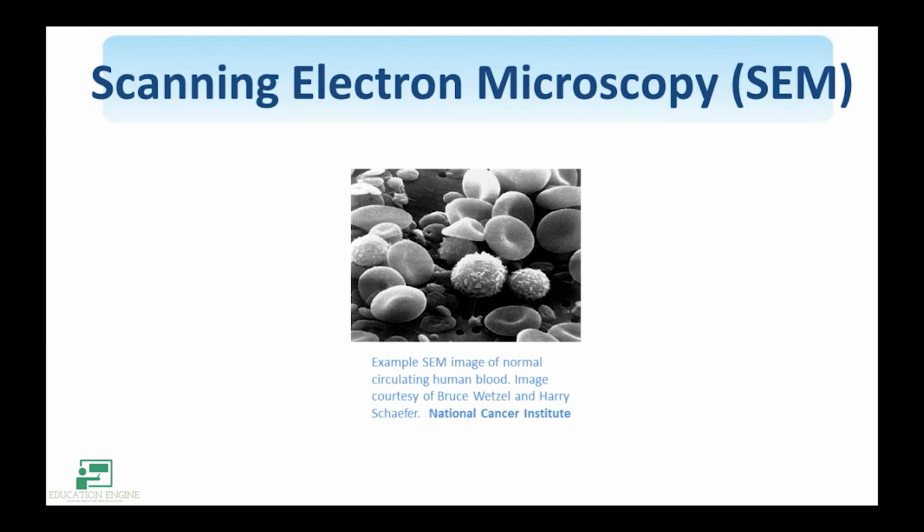What we see here is an SEM image of normal circulating human blood, and we can see in this image red blood cells, this for example, as well as white blood cells. While light microscopes can reach amplifications up to a factor of 1,000, electron microscopes can reach magnifications up to a factor of 10,000 and even more.